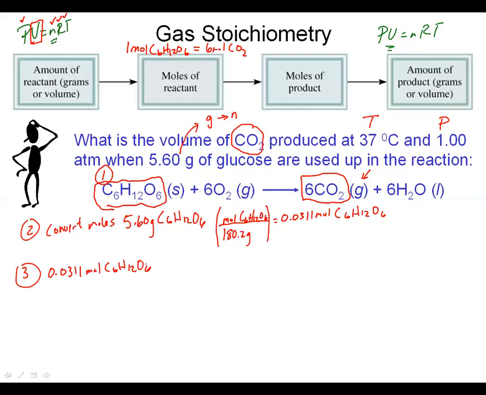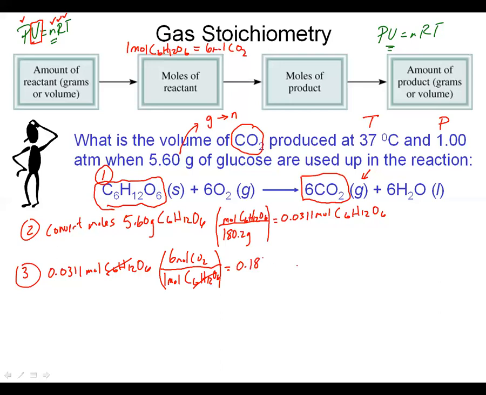We're going to use the mole-to-mole relationship that we got from the equation to go from glucose to CO2. And again, from the balanced equation, there's 1 mole of glucose, gives us 6 moles of CO2. That is going to really allow us to get the moles of CO2. And if we do that there, multiplied by 6 would be a better move. We end up with 0.186 moles of CO2.